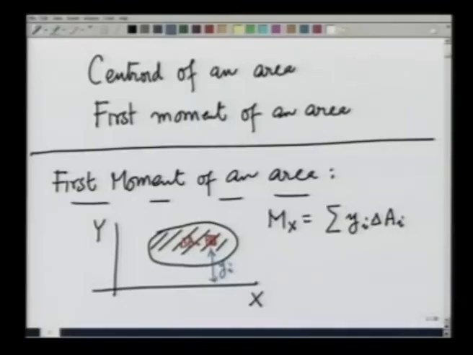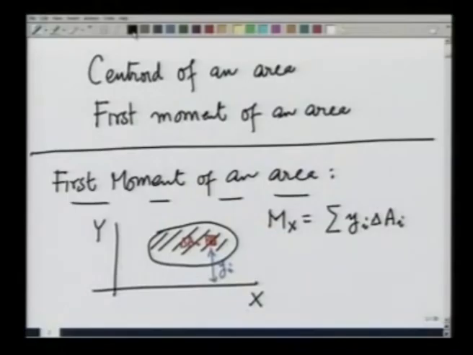So, what am I doing? I am taking a small elemental area delta A_i and multiplying it by the distance from the x axis and summing it up. In a continuous distribution, you know from your course in calculus, this is nothing but the integral of y dA. That is the first moment about the x axis.